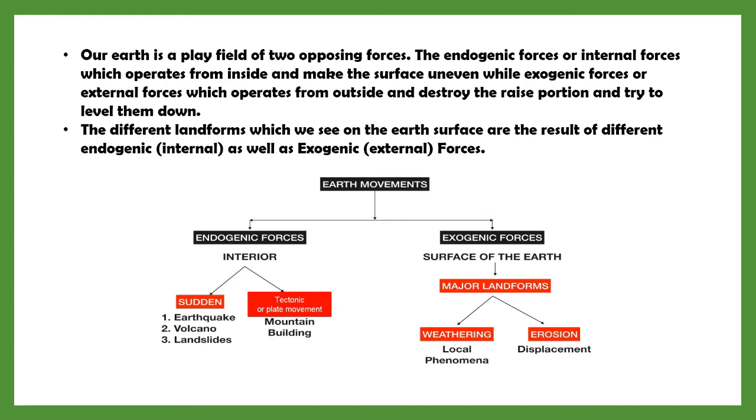They are of two types: sudden forces like earthquakes, volcanoes, and landslides, and the slow ones are tectonic or plate movements, like mountain building forces. Exogenic forces operate on the surface of the earth and are responsible for the formation of different types of landforms. Weathering and erosion are some of these forces.